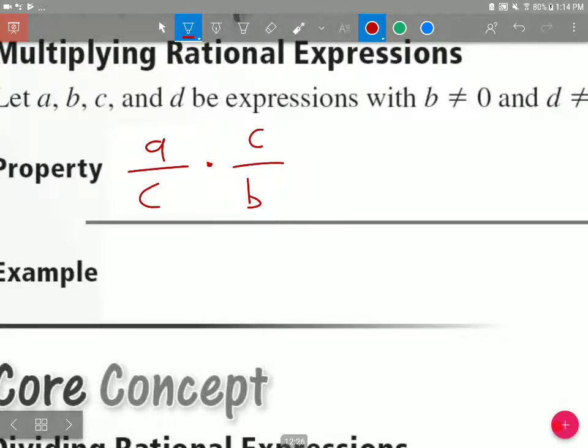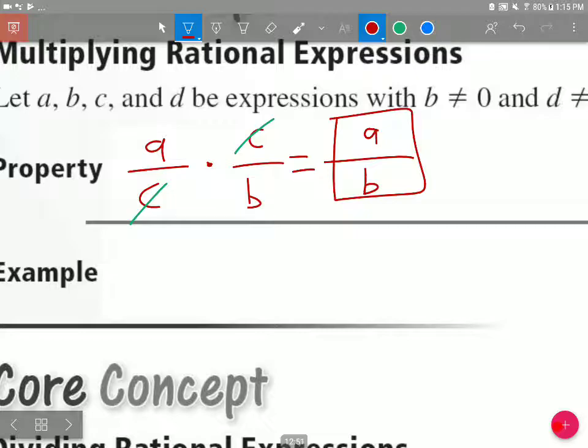So you can cancel C? I can cancel the C's out. Now, this is not true for a plus, a minus, or a divide. This is only true for a multiply. It's kind of like cross multiplying, but there's no equal sign. So in this case, it's A over B. That's your answer. Okay? And I think they give us kind of a crazy convoluted example for this. But yeah, we can go ahead and do it.